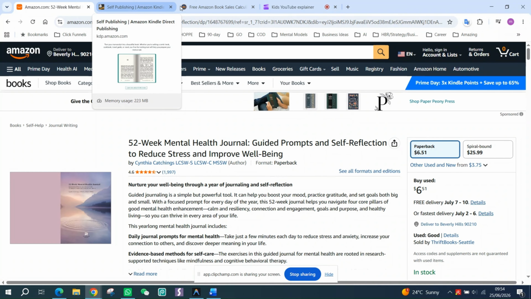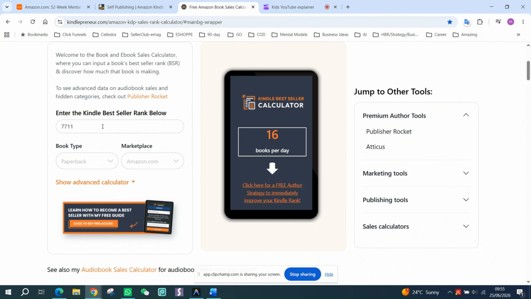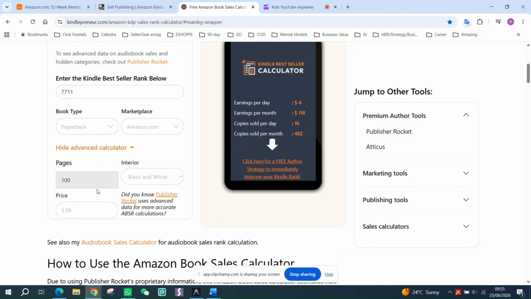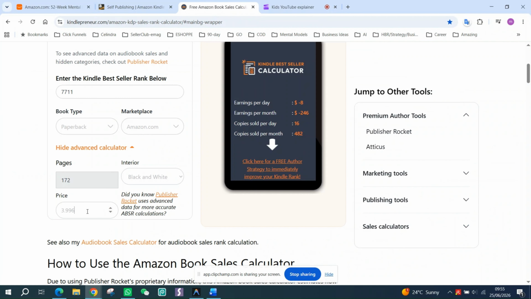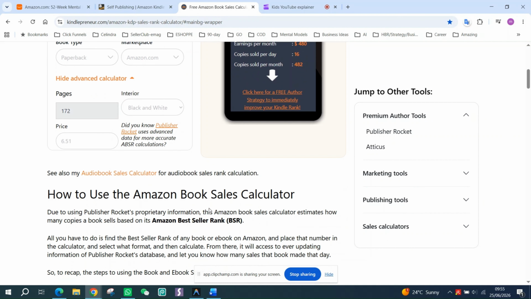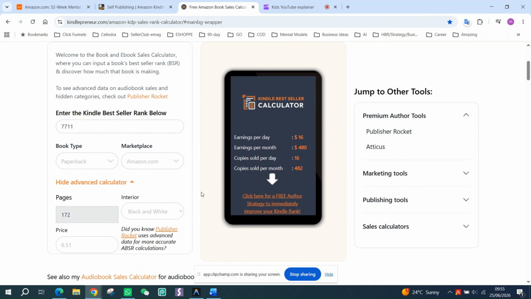But let's see, if we go here and now we click on the show advanced calculator. Let's take this number. So it says pages 172, interior black and white, and the price was 6.51. And now we can see that they make 16 cents, I can't see exactly how much it says here.